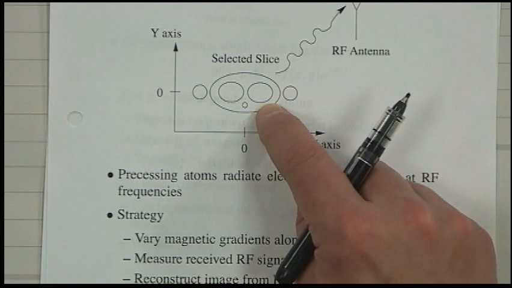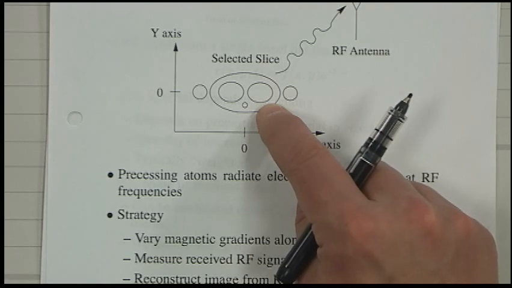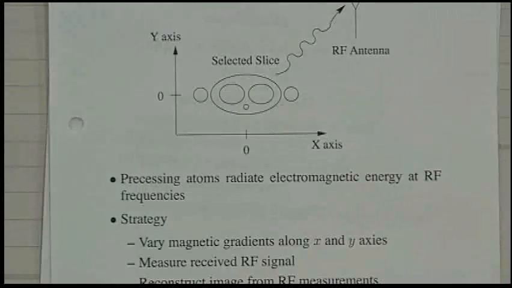So if I increase the magnetic field, the frequency will increase. If I decrease the magnetic field, the frequency will decrease. So I can change the instantaneous frequency by changing the gradient. Now, I won't mess around with the gradient in Z, but I am going to change the gradient in X and Y. By changing the gradient in X and Y, I can change the oscillation frequency of that voxel. Does that make sense? Is that clear?